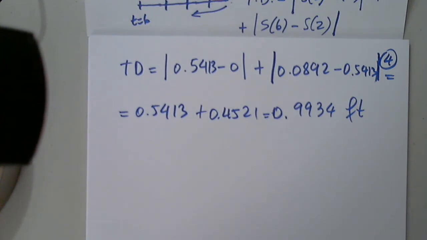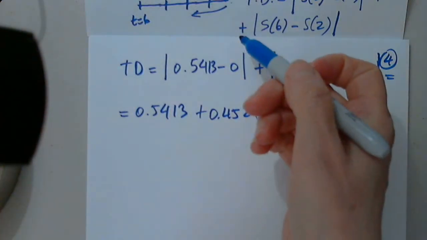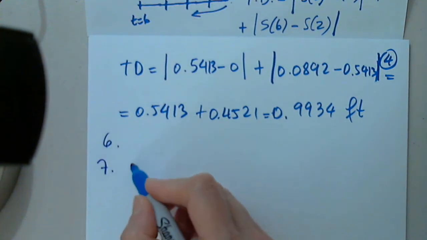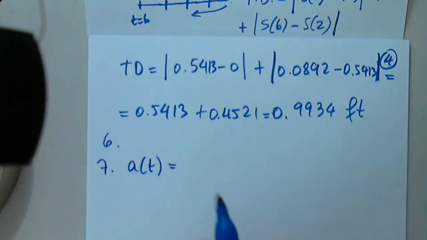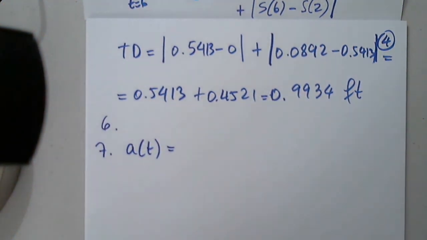I'm moving on to find the acceleration at time t, and after 1 second. So what do we do now? We're skipping over 6 because I already have it here. So 7, we're asked to find the acceleration. How do we proceed? Is acceleration the second derivative?